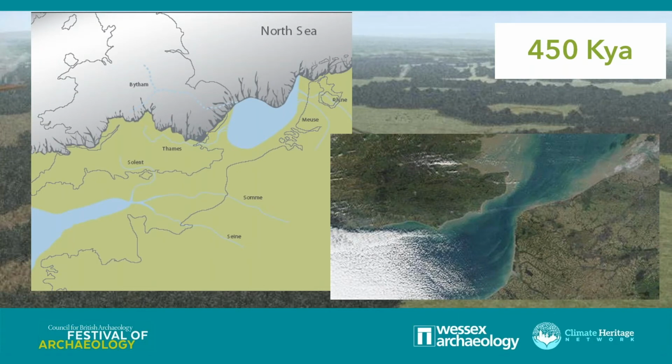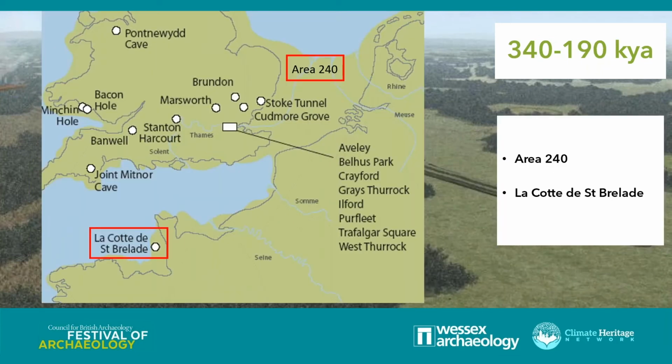After that period, around 450,000 years ago, is where we see the start of the process of the breach of the Straits of Dover. After this is the other case study I wanted to talk about, the period between 340 and 190,000 years ago. Whereas the sites I've talked about previously are on the edge of the landscapes of the English Channel and Doggerland, in this instance we've started to be able to find evidence of human activity within the now drowned landscapes themselves.